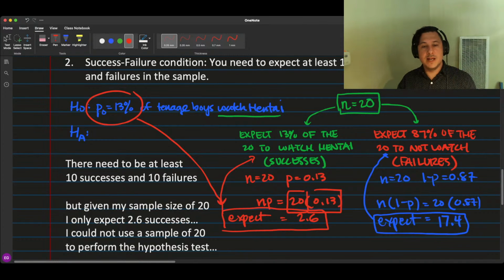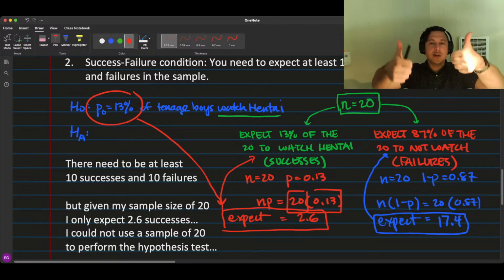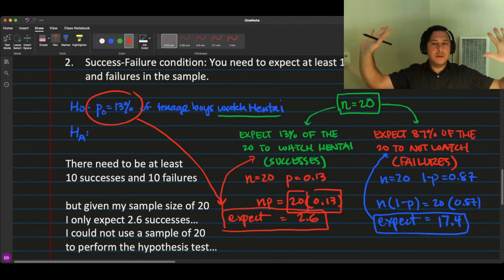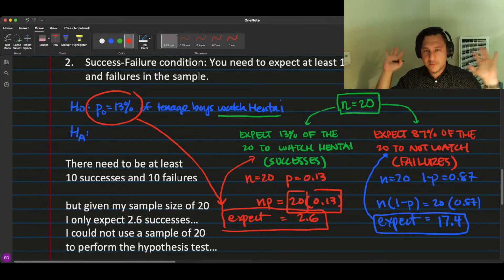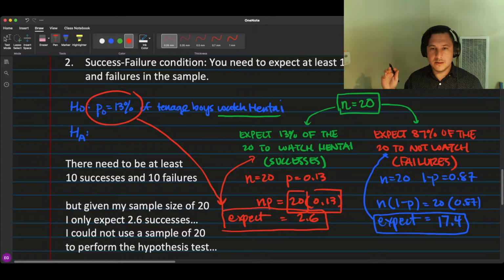Does it make sense that that's too small? You needed that number to be at least 10 to get the green light to say, oh, 20 people is a fine number to do your hypothesis test with. The problem here is that you're not getting a big enough number. If that number was 10 or bigger, you'd be able to say, oh, okay, 20 people is enough. But it wasn't.